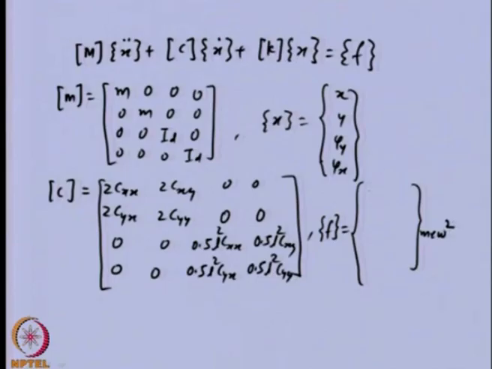Apart from that, we have cos omega t and sin omega t, sorry, this should be cos omega t and sin omega t in x and y direction. These are forces, and then the moment will contain E z also apart from cos omega t and sin omega t. So, this is the external force vector.